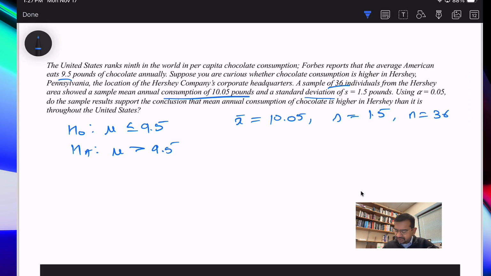We'll first get the standard error of the sample mean. It is given by the standard deviation of the sample divided by root n, which is 1.5 divided by the square root of 36, and this equals 0.25.